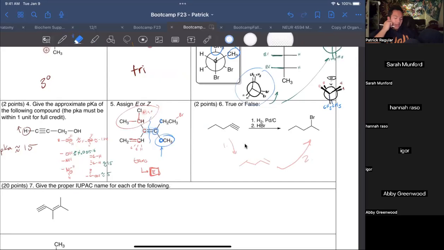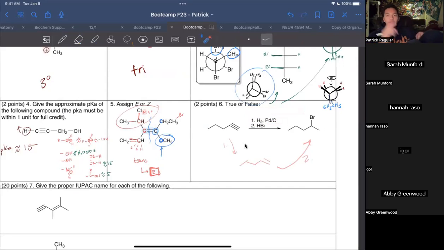Why is that? Because H2, Pd-C will reduce everything, right? This will fully reduce a triple bond to just an alkane. So in actuality, by step 1, it will become just a normal pentane. Now, if this was H2 with Lindlar's catalyst, or Na and ammonia at a very cold temperature, where it just reduces one of those pi bonds, then you would proceed.